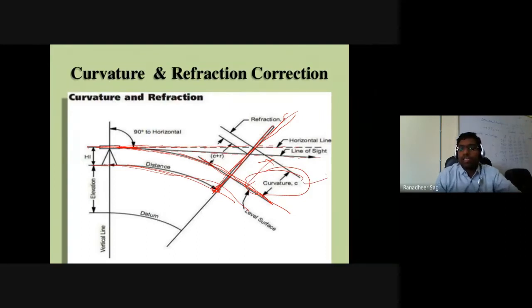So this error is what we call your curvature error. And this much error what you have got here is what is called your refraction error. The difference in reading with regard to the horizontal line position to that of your line of sight is what we call your refraction error, okay?